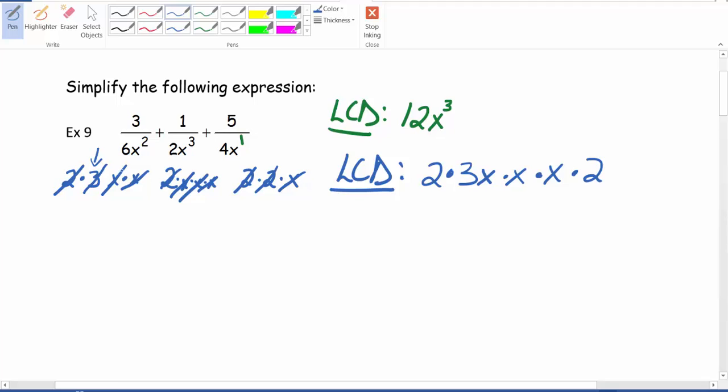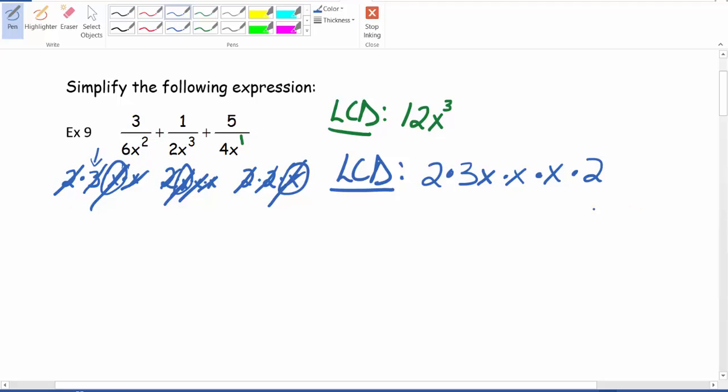It's important to note, though, that if we looked at an x here, this one also had that x, this one also had that x. So it was vital that you cross them off as soon as you add it to your LCD if the others have it. This 3 only showed up in the first one. The other pieces did not have that 3, but it's still part of the LCD and still gets canceled off.